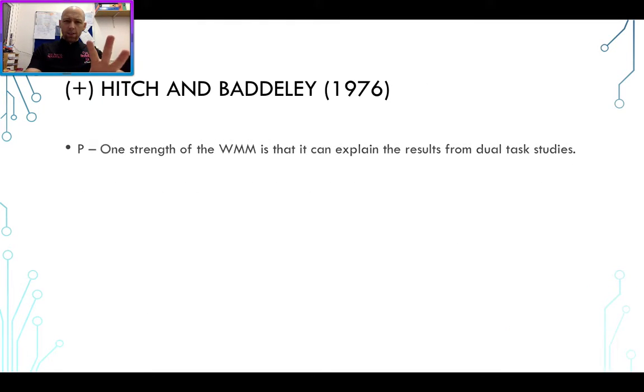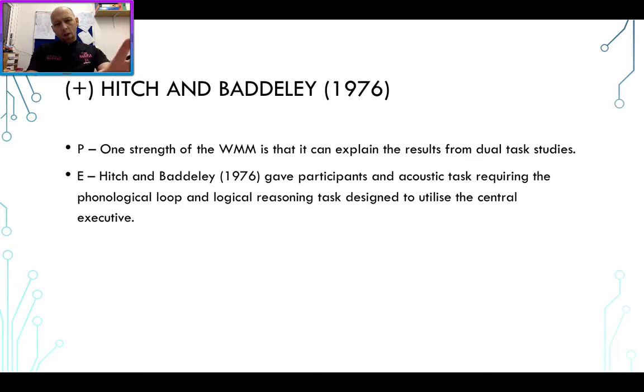Hitch and Baddeley in 1976 carried out a task which involved the phonological loop and the central executive. The central executive is also responsible for things like mental arithmetic and logical reasoning tasks. So they gave participants a logical reasoning task and an acoustic task simultaneously, or just one of the tasks on their own. What they found was that when you were performing both tasks simultaneously, performance actually went down.